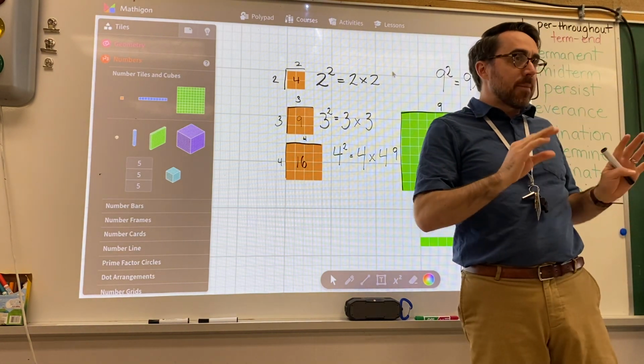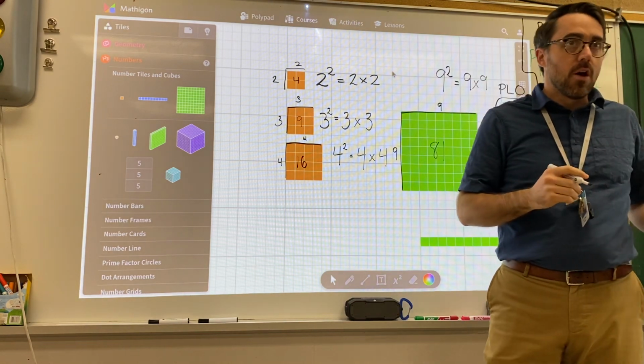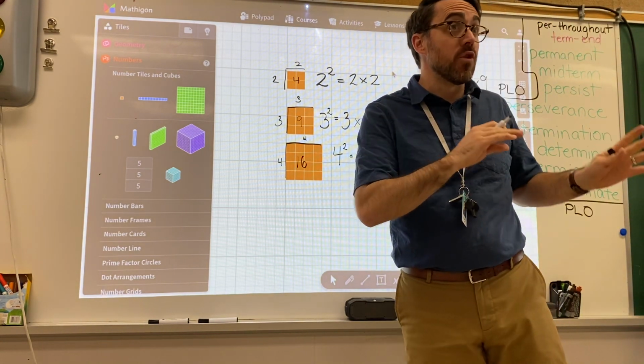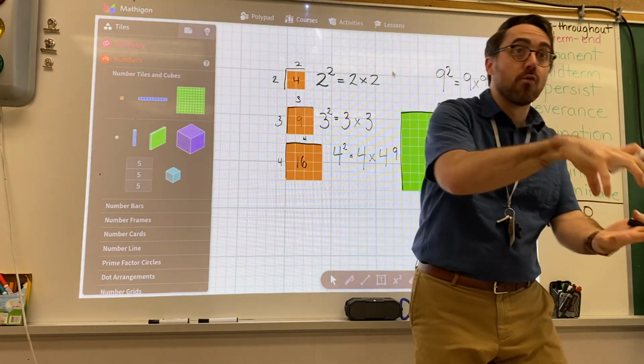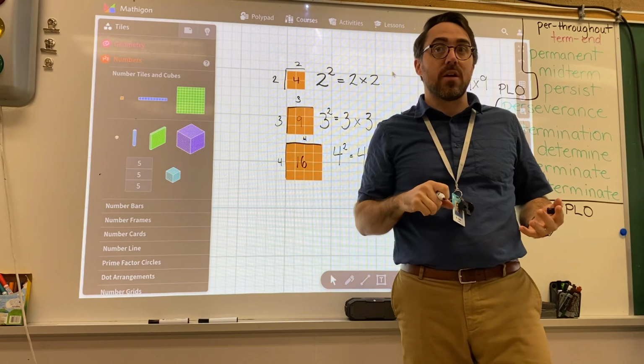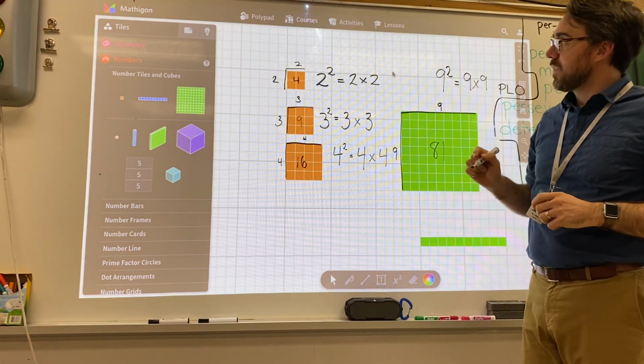Can I give you a little preview? We're next doing square roots. And a square root just means the root of a square, like the building block of a square. Okay?